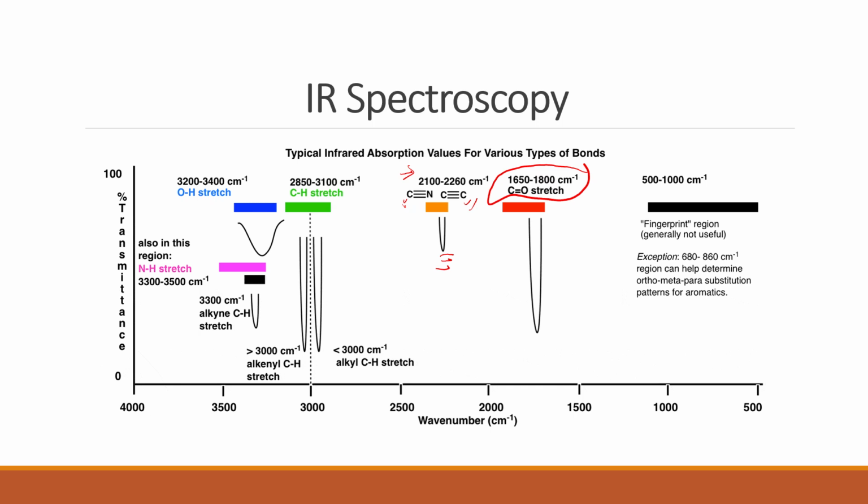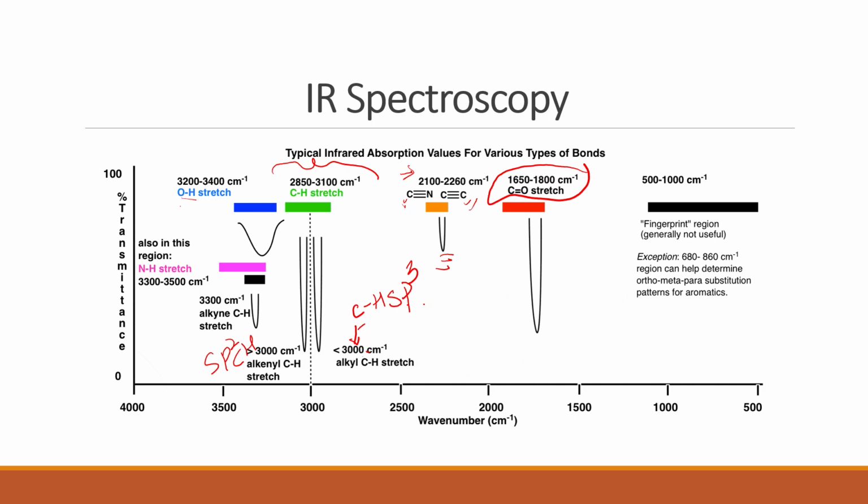The ones less than 3000 are usually your sp3 CH peaks. sp3 CH shows up less than 3000, and the ones greater than 3000 are your sp2 CHs. So the CH stretch is usually between 2850 and 3100, but 3000 is the point where sp3 and sp2 get separated.